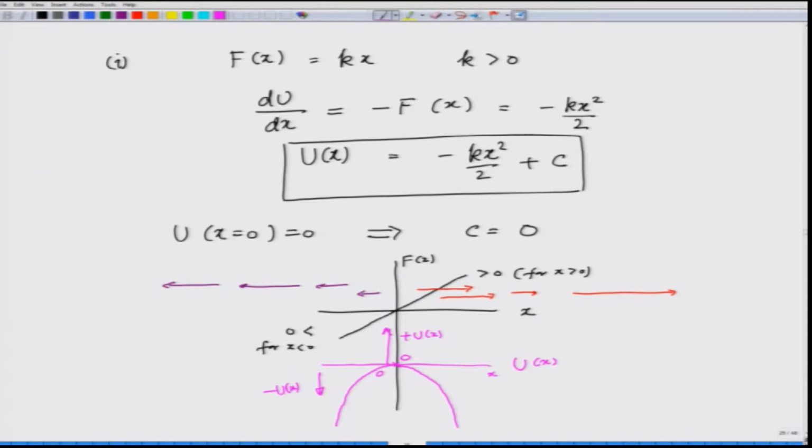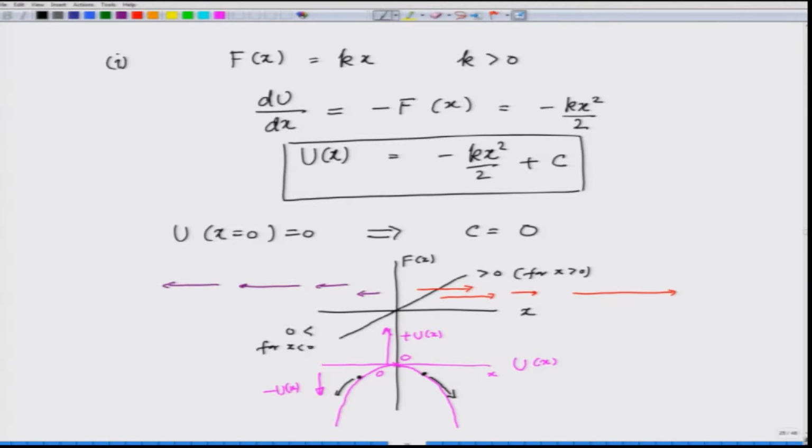What does this mean? If I leave a particle here, let us say at some point here, it will tend to go to lower potential energy and slip this way. If I leave a particle on the left side, negative x, it will slip on the potential energy curve and go like this. So, if you look at the potential energy curve, it immediately tells you which way the particle is going to have a tendency to move when it is left there.